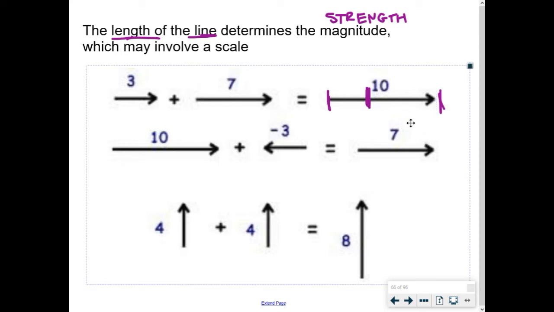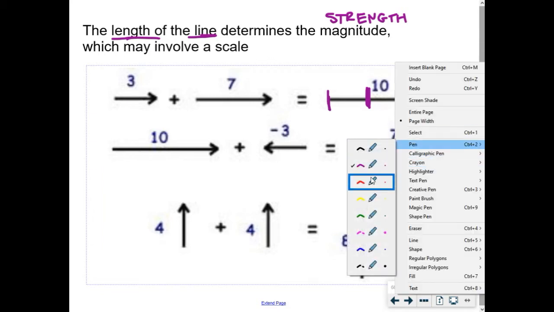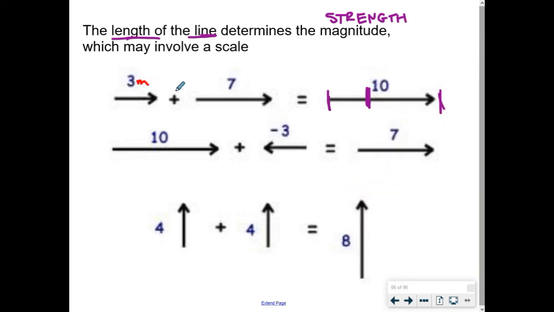But hopefully you get the idea, is that they should be something we should be able to add to each other. As an example, let's say that I went 3 meters, and then I went 7 more meters in the same direction. Well, now I've gone 10 meters. But what if I went 10 meters, and let's just call this, for the sake of argument, right, because we're going right. There we go. And then you go negative 3 meters.